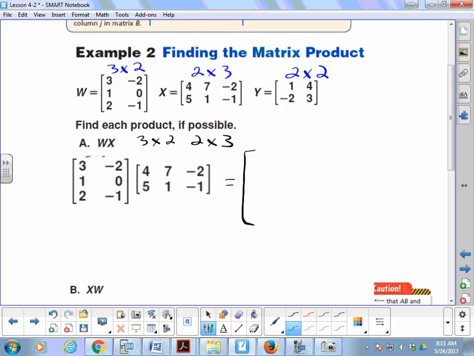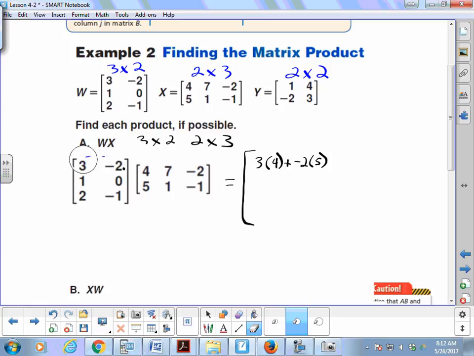I'll do the left side here. I'm going to multiply 3 times 4 and negative 2 times 5, and that's my first entry. Then we're going to multiply 3 times 7 and negative 2 times 1. This is going to give me row 1, column 2.